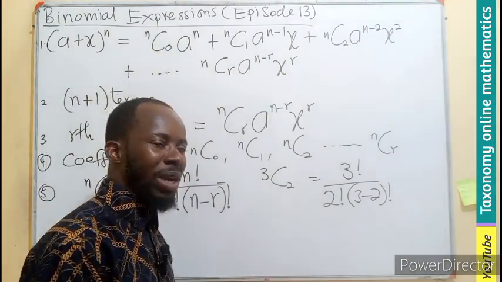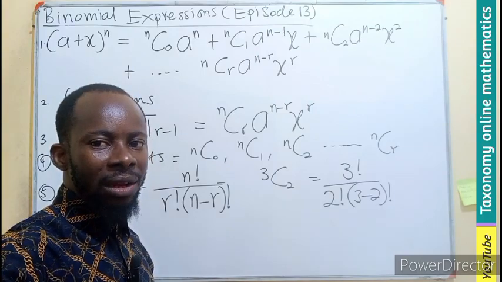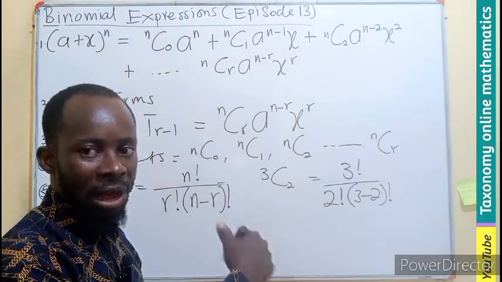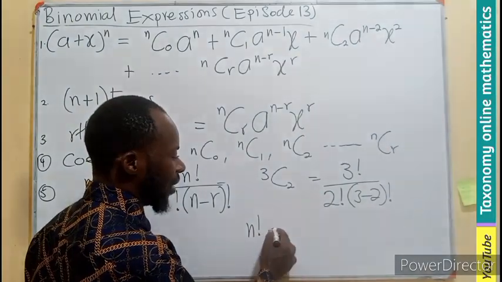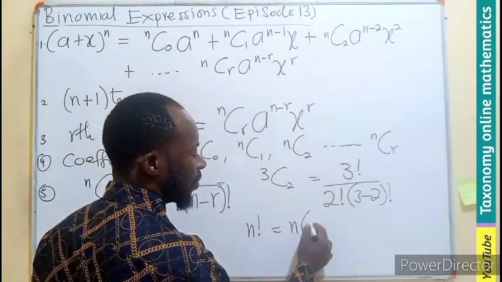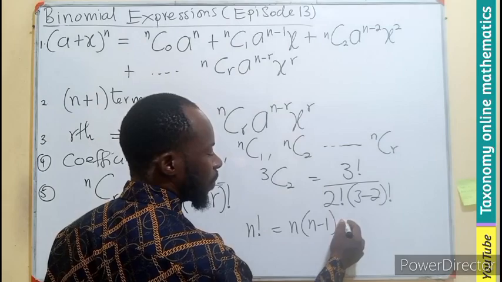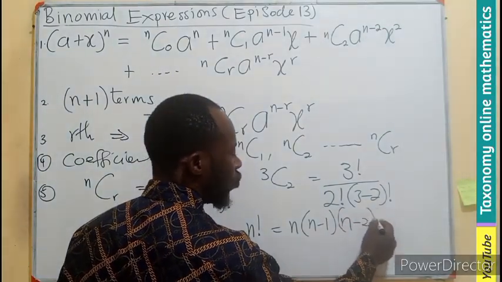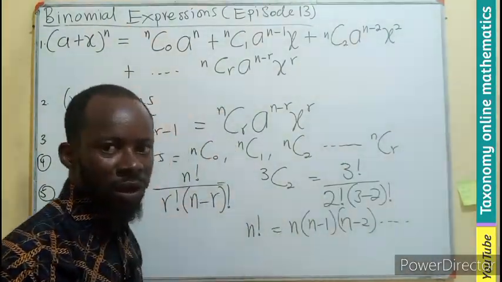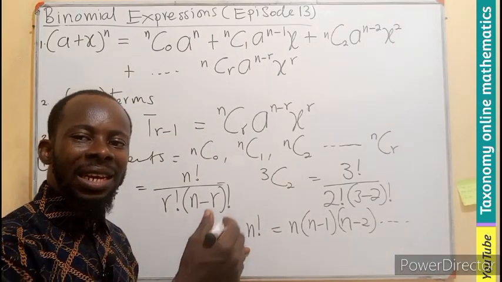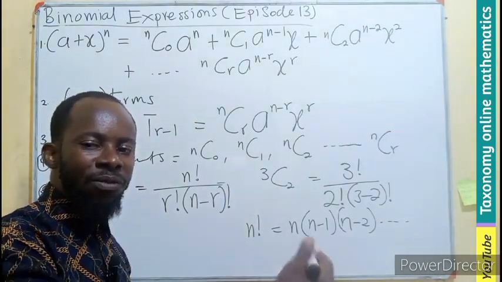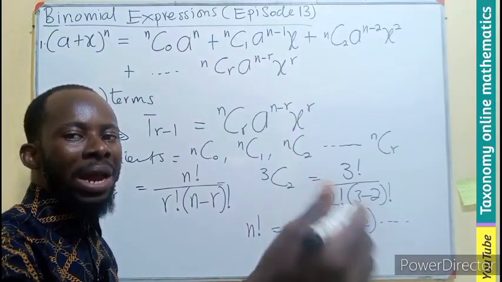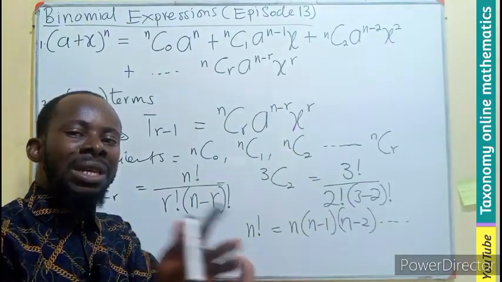Already we've learned the factorial in the previous episode: if I have n factorial, it is n times (n minus 1), times (n minus 2), continuously, multiplying the integer by successive numbers down to 1.